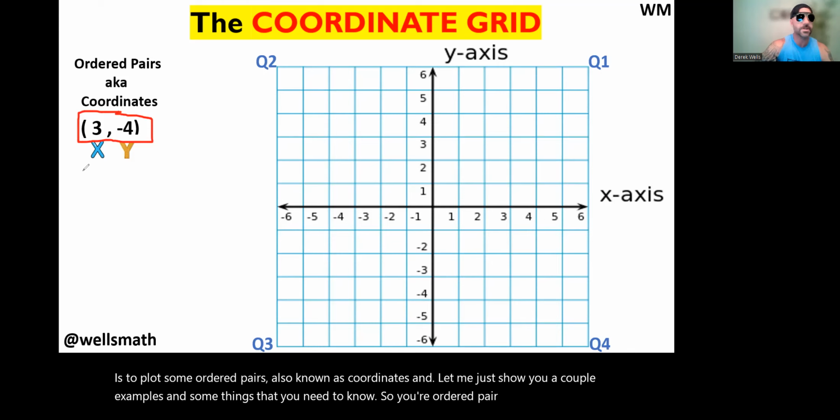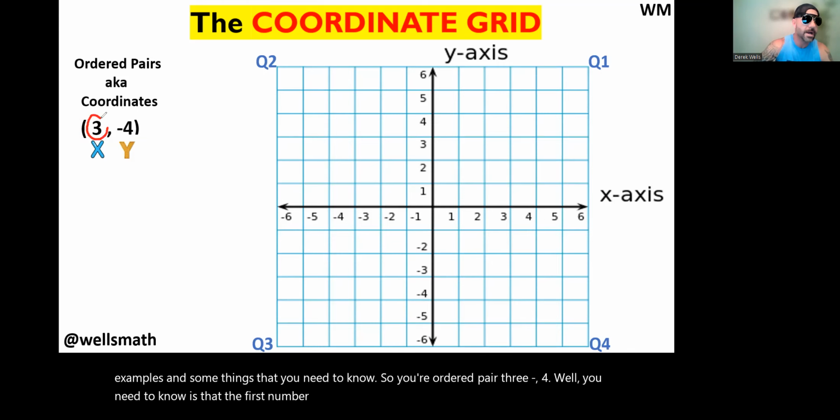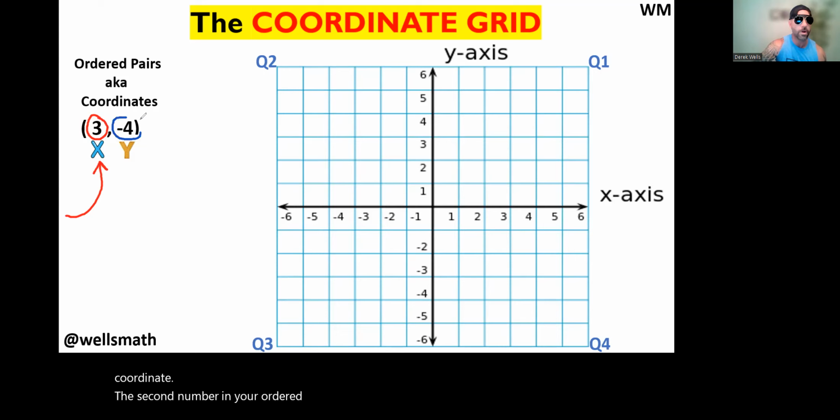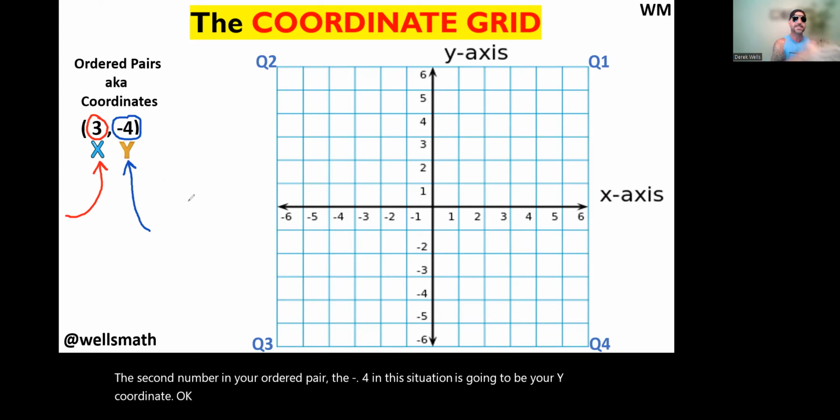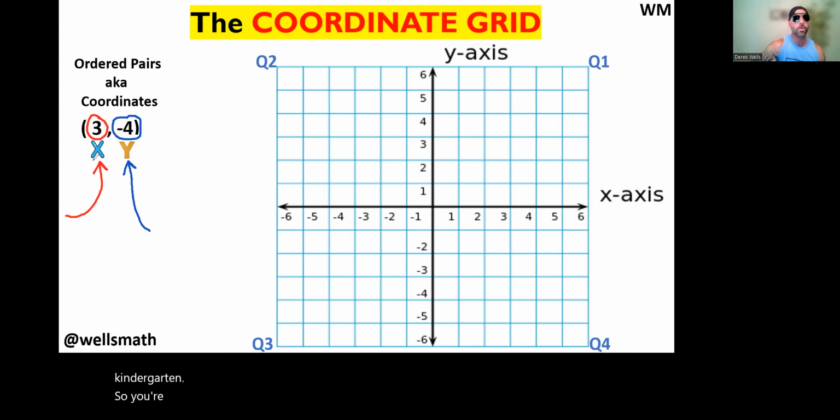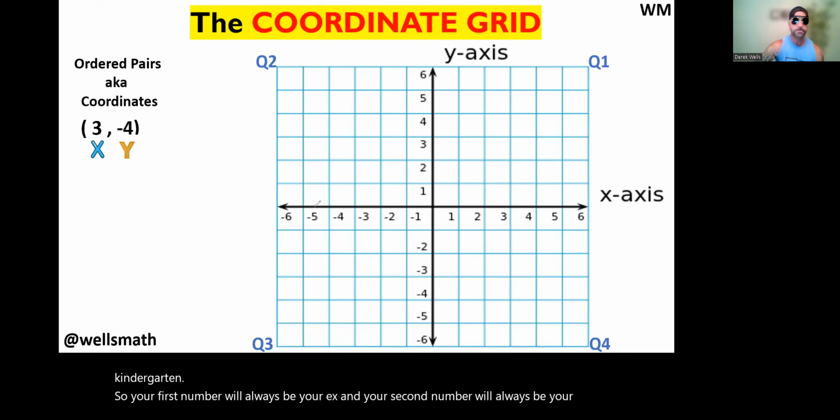What you need to know is that the first number in your ordered pair is always going to be your x coordinate. The second number in your ordered pair, the -4 in this situation, is going to be your y coordinate, okay? I tell students x comes before y in the alphabet, pretty sure, went to kindergarten. So your first number will always be your x, and your second number will always be your y, okay?